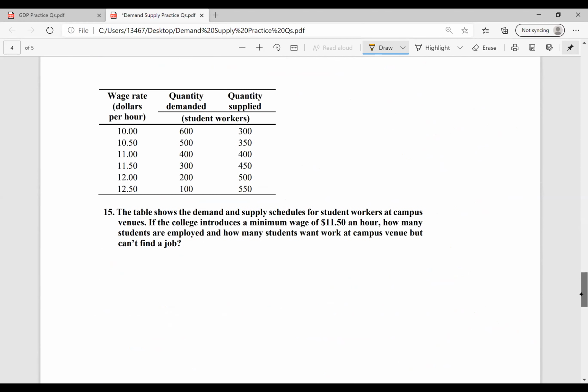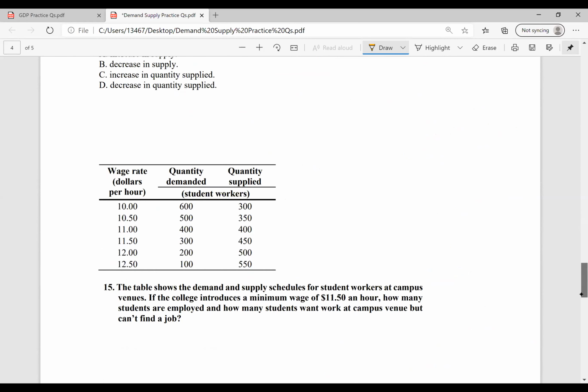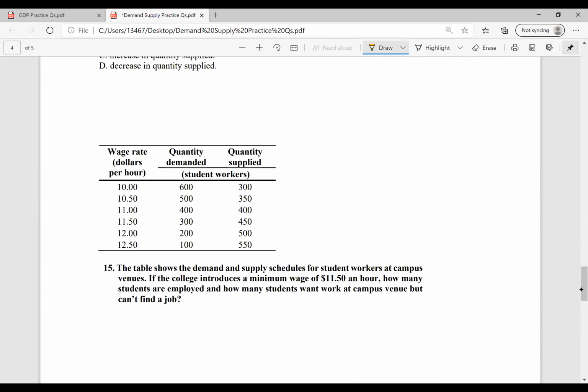All right, so we have two more questions here before we move on to the questions on the chapter on gross domestic product. Take a look at question number 15. What is my equilibrium price and quantity combination here?